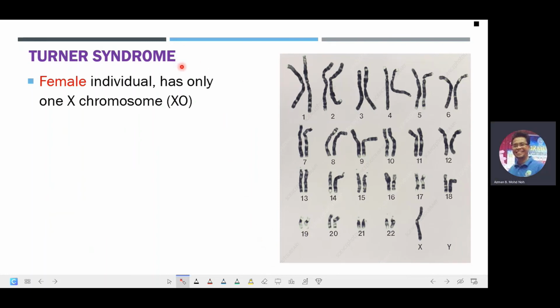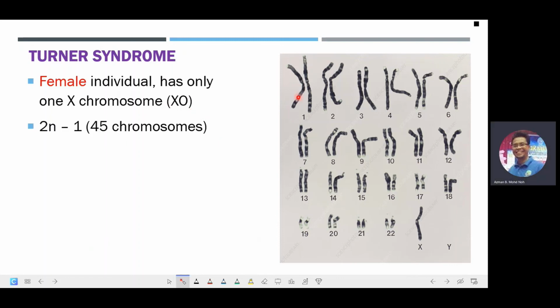An individual with Turner syndrome will be a female, and this female will have only 1 X chromosome, and we can say that this female is showing a case of monosomy X, or XO.